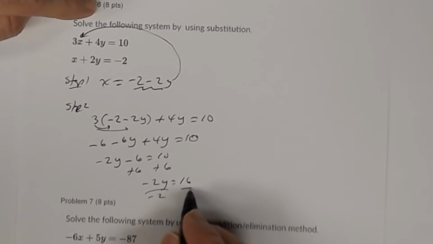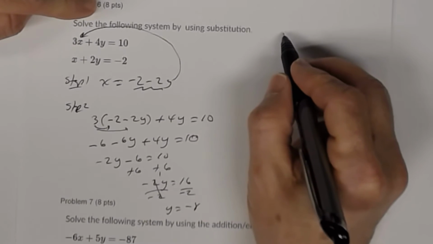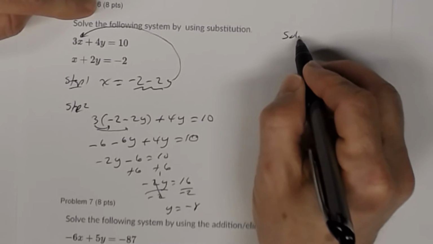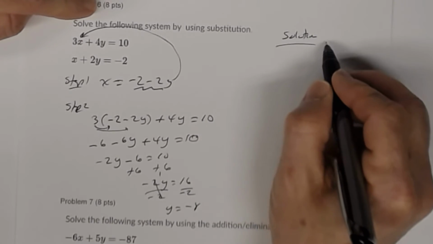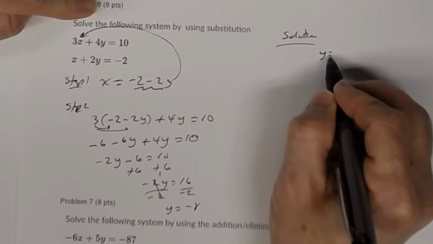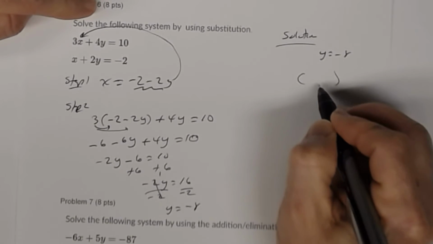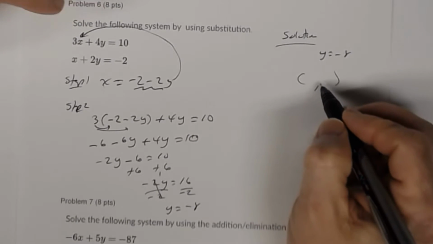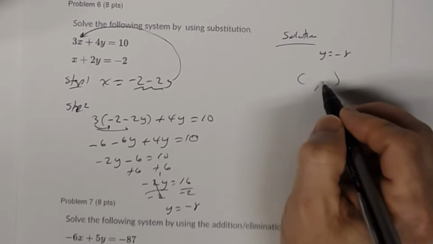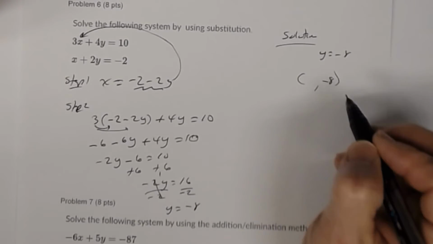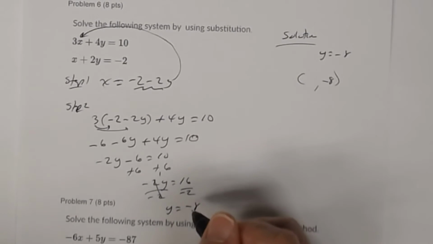Dividing both sides by negative 2, I get y to be a negative 8. So far my solution to this system is y equals negative 8. As an ordered pair, I didn't actually put this in ordered pair, but if I did, you would put negative 8 as the second coordinate. All right, so that's y.